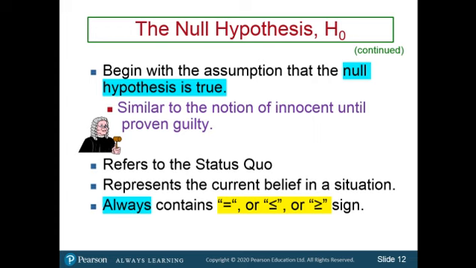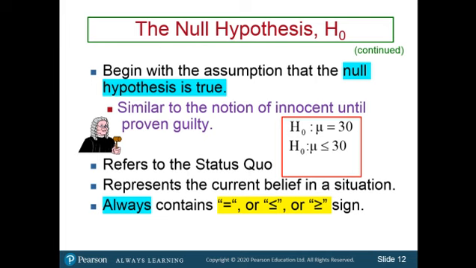And it always contains equality: the equal sign, equal to, less than or equal to, or greater than or equal to. So your null hypothesis must always contain an equal sign. For example, mu equal to 30. Another example, mu less than or equal to 30.